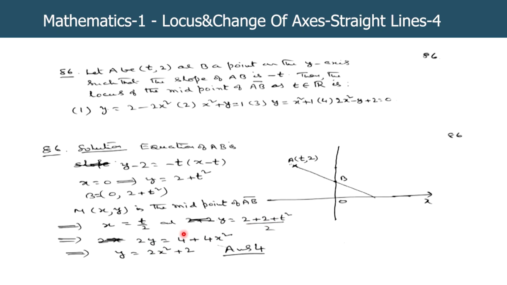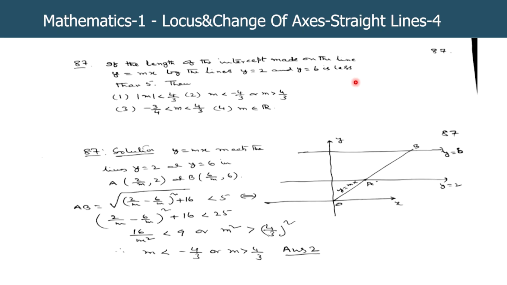That is, 2y = 4 + t², which is 4 + 4x², or y = 2x² + 2. Because t = 2x, here you have substituted in the y coordinate. If you put t = 2x, then the locus is simply y = 2x² + 2, which is option number 4.